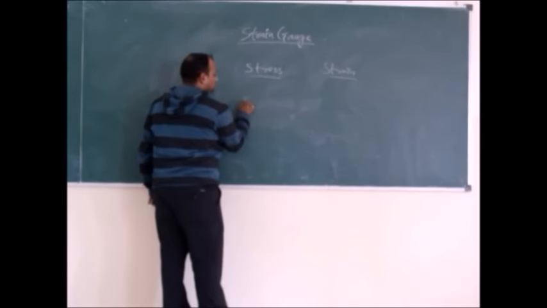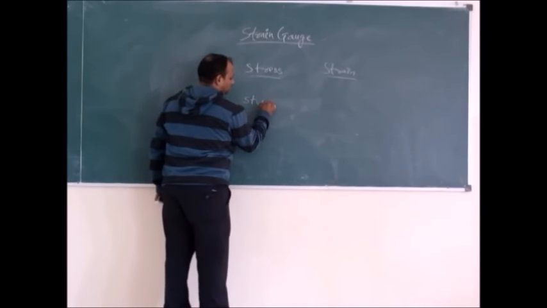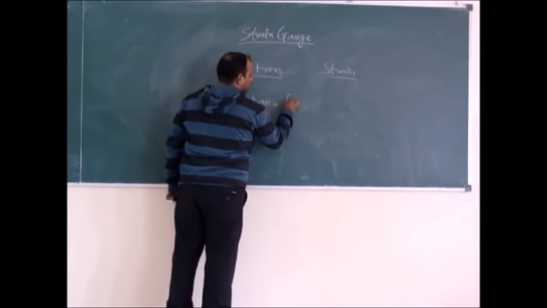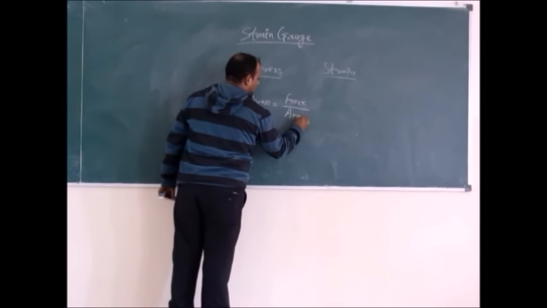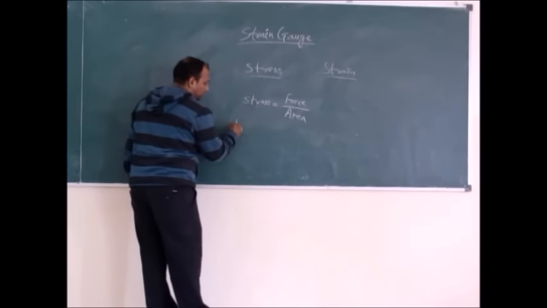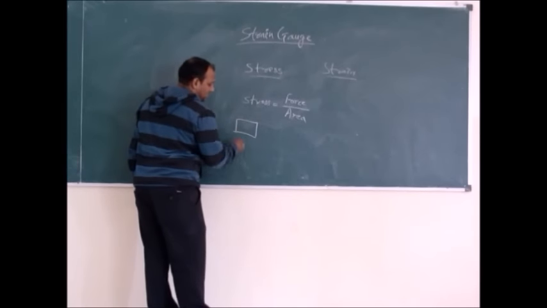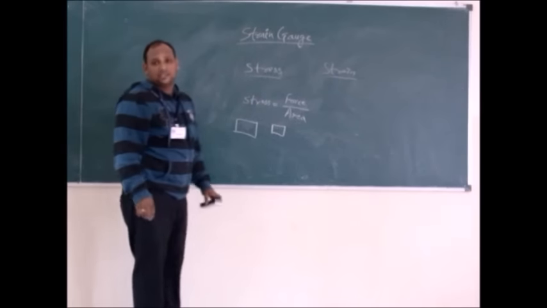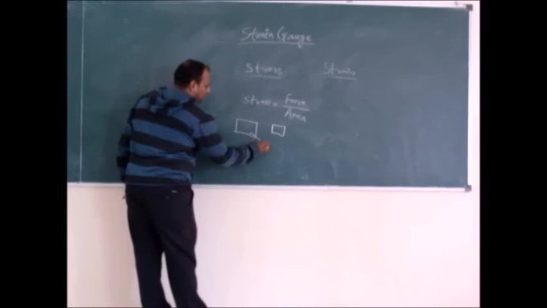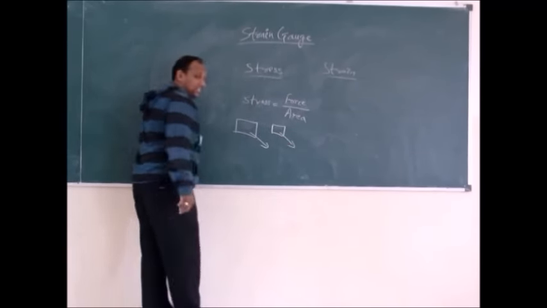Stress is nothing but force upon area. This means suppose one type of metal is there of this much area and the same metal with a different area is there, and a force is applied onto that in the same direction.